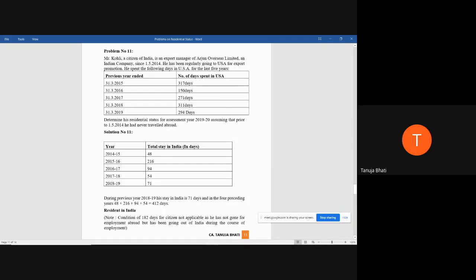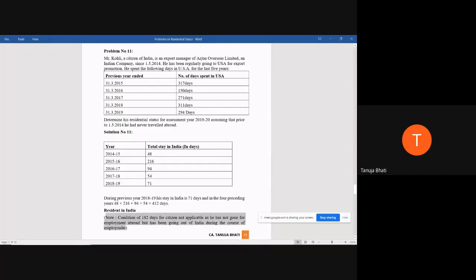Now, here you will be saying that he's gone outside India for employment purpose, but no students, because he's not gone for employment purpose. He's going outside India and then coming back into India. So there is no continuity of stay in a particular country.